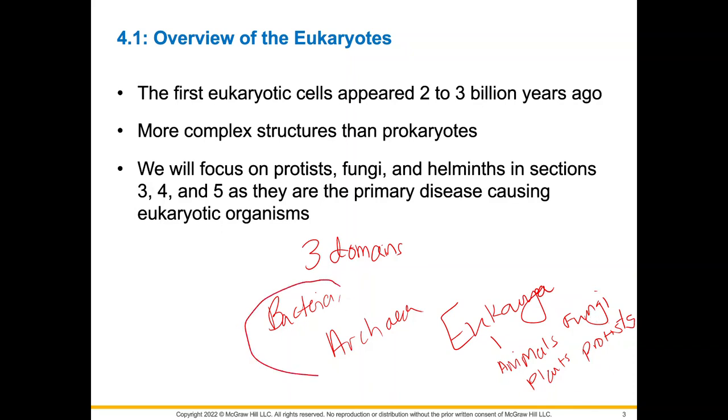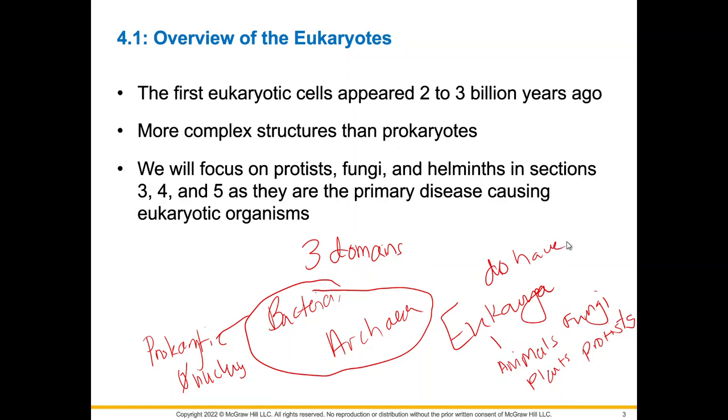These other 2 domains are made up of organisms that are prokaryotic, which means that they are prokaryotes and they do not have a nucleus. More on that later. Whereas these, on the other hand, do have a nucleus.